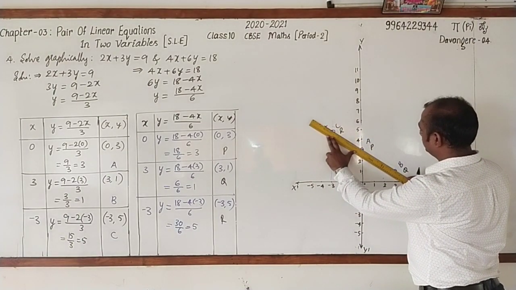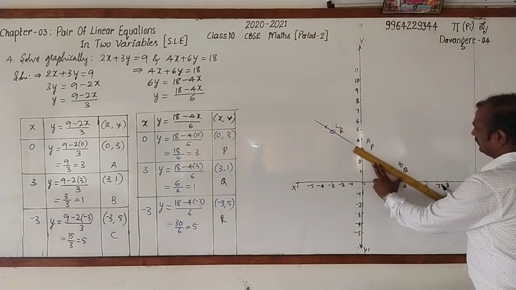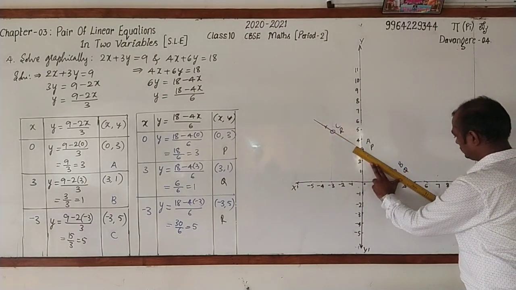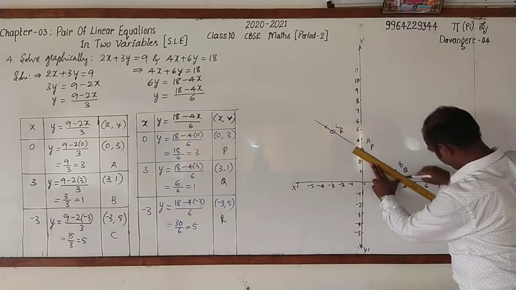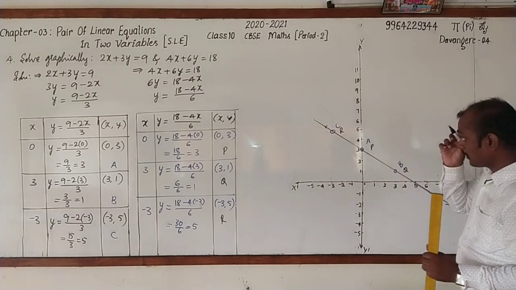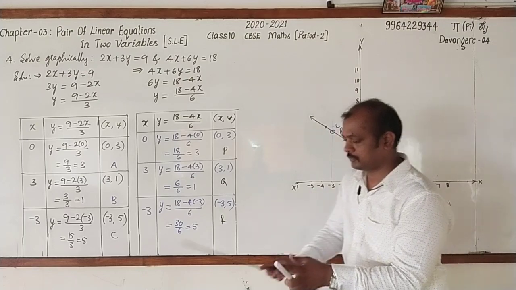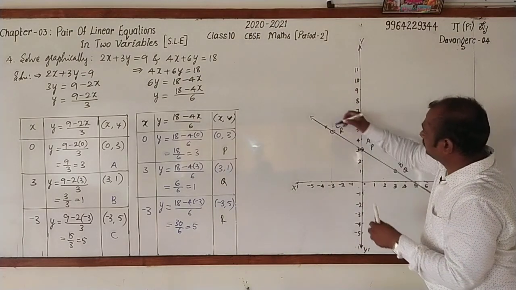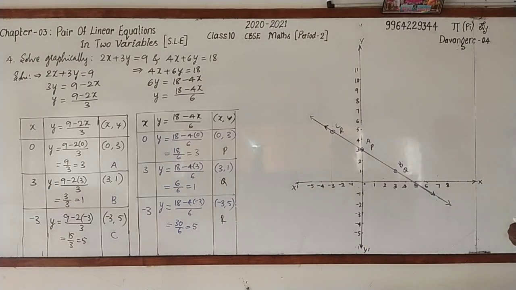Again, the graph of the second equation lies on the first one, right? You can observe this. Here, both the lines coincide with each other.